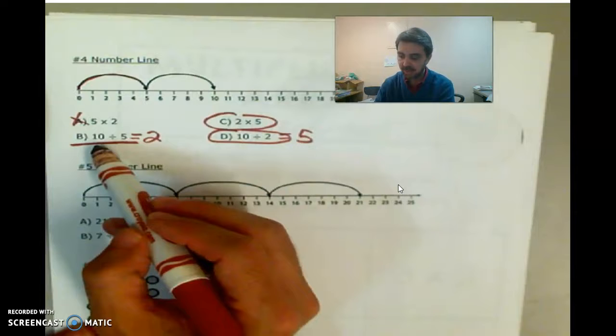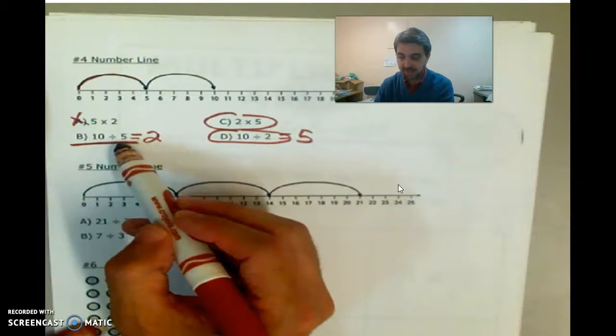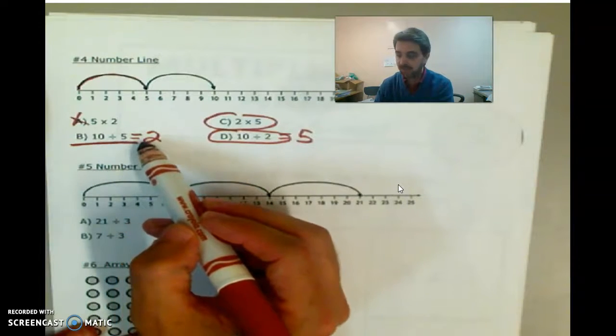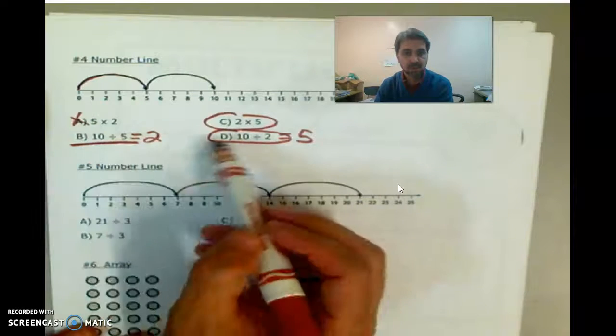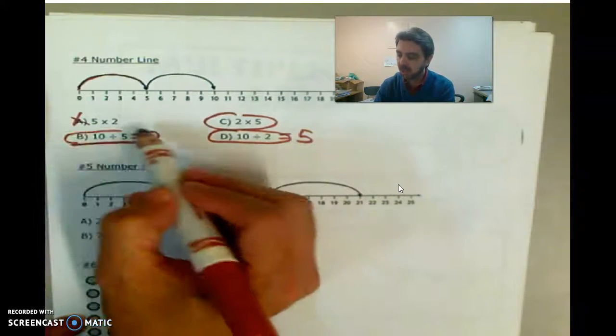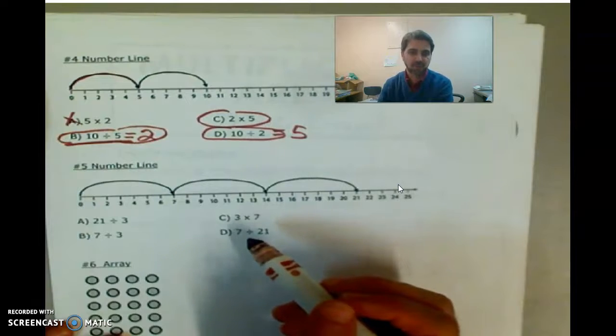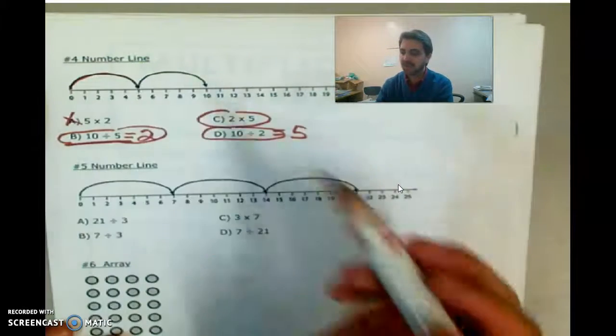Or 10 divided into groups that have 5 in it gives you 2 equal groups. So those both work. All of them work except for the first one, because we don't have 5 groups of 2. We have 2 groups of 5.